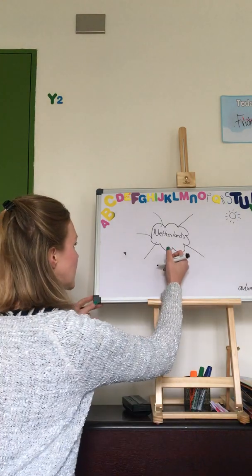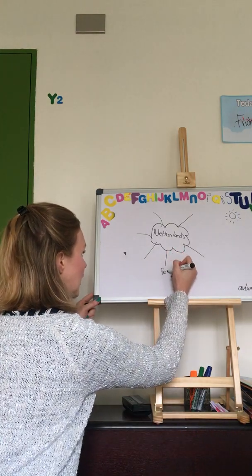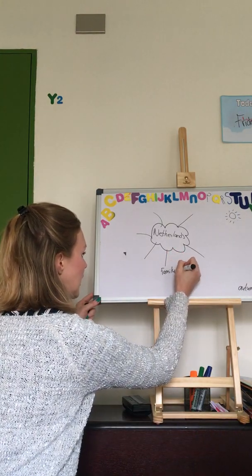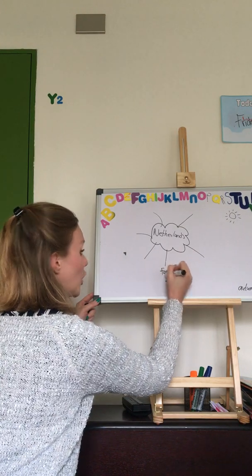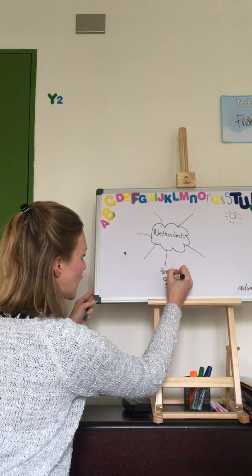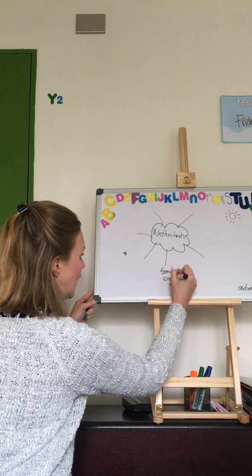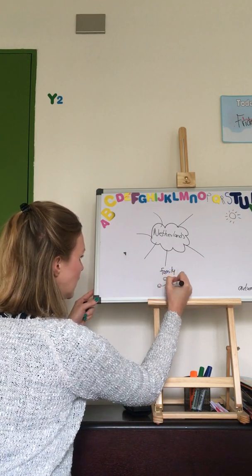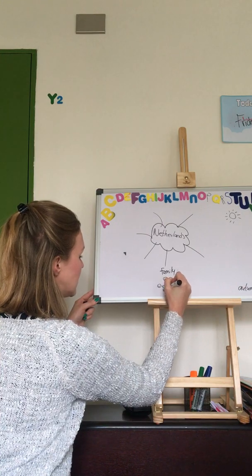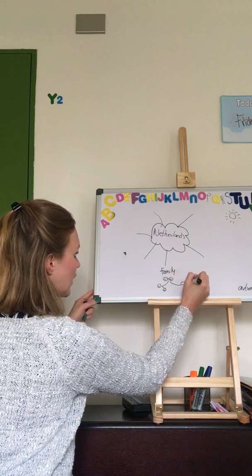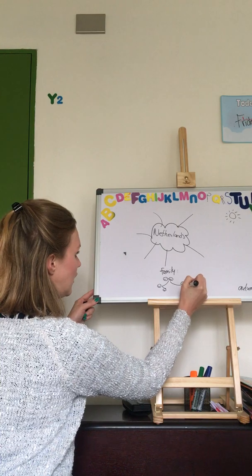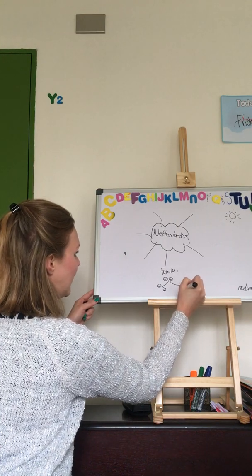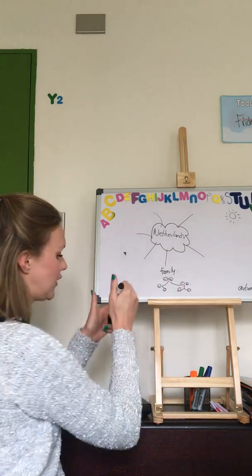So you write, for example, family, and you can write, or you can draw. Hey, if you don't know how to write, you can draw. Like this. And this is my sister. Yeah, I'm just inventing something.